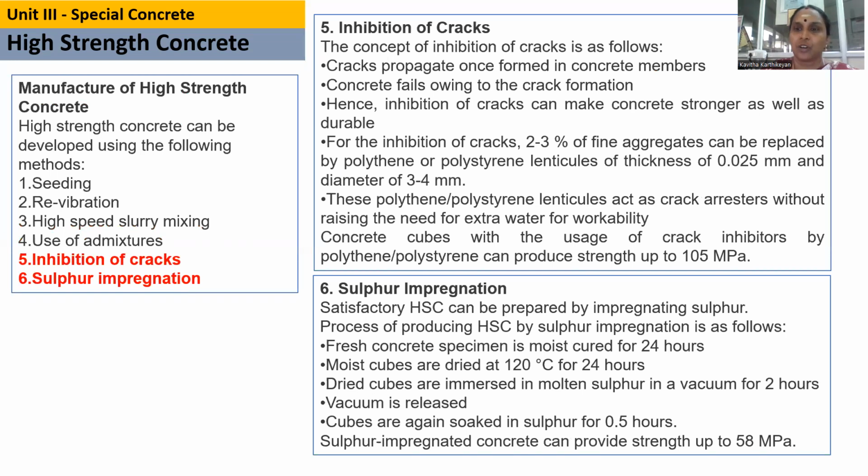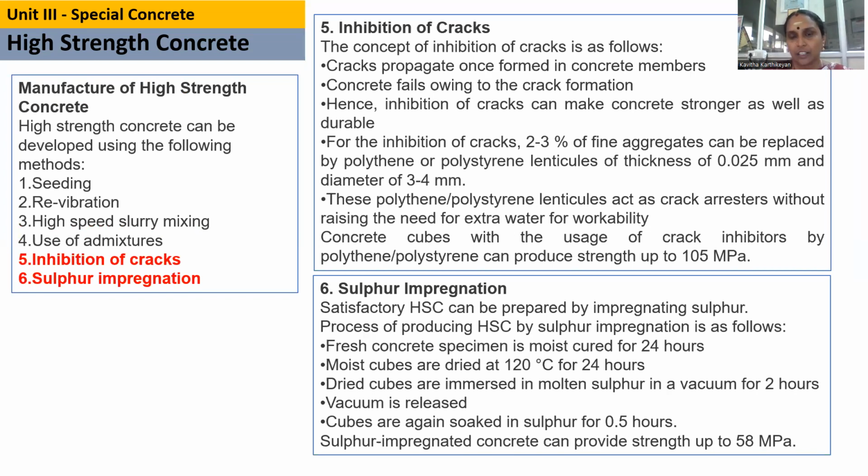And next is inhibition of cracks. If we stop the formation of cracks, then the strength of the concrete will be increased. The cracks are inhibited by the usage of polythene or polyester fibers or lenticels, which arrest the cracks and add extra strength to the concrete.